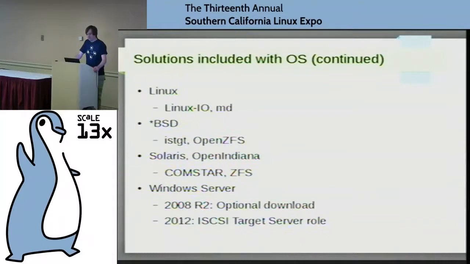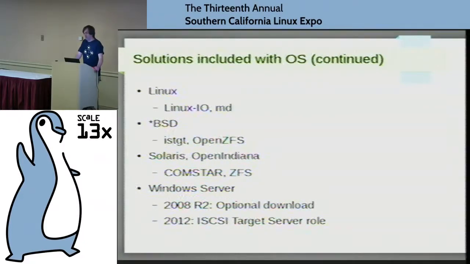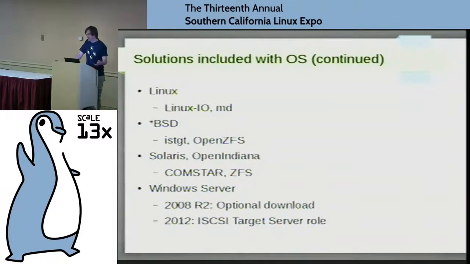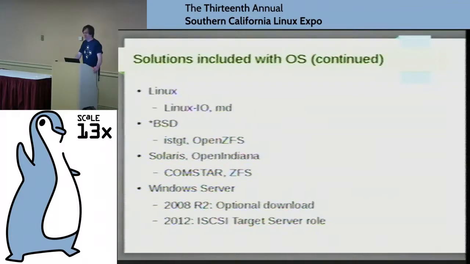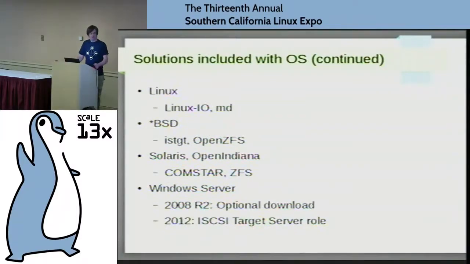But basically, the common operating systems listed here all have iSCSI capabilities built in, either in the OS as you install it, or in official packages in the official repositories for the OS. With Linux there are actually several, but Linux IO would be one of them, and obviously the one I'm talking about for this presentation.